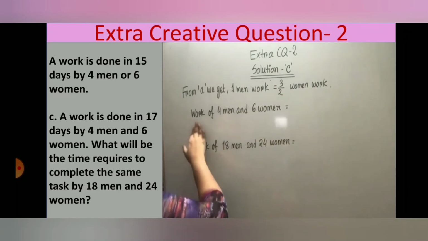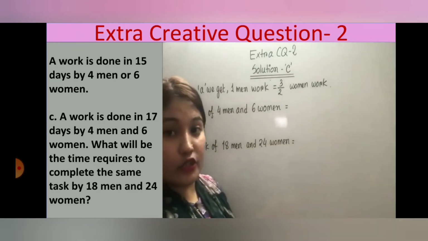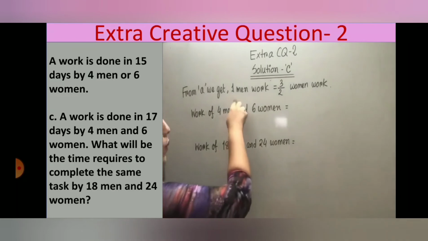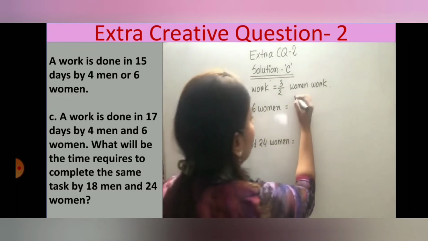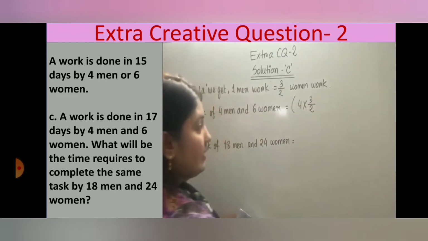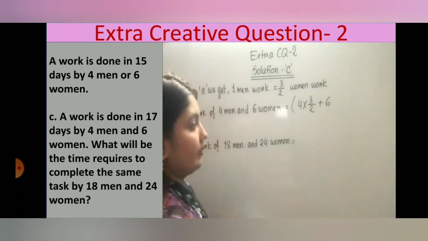So, if we find the work of 4 men and 6 women, if we convert it into women, here there are 4 men. So, we know 1 man's work is equal to 3 by 2 women's work. So, 4 men's work will be equal to 4 into 3 by 2 women's work. And how many women are left? 6 women.